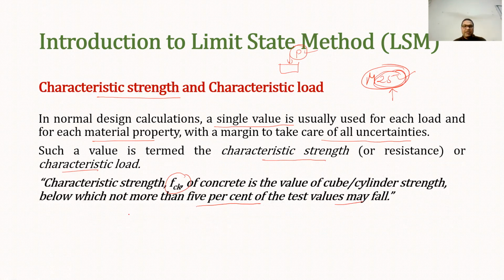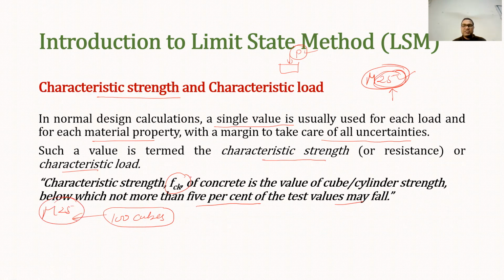Generally we express the strength of concrete by cube testing, because when we are supposed to find out strength of concrete, we generally test the cubes. So for example, I have 100 cubes for testing, and these 100 cubes are of M25 concrete.